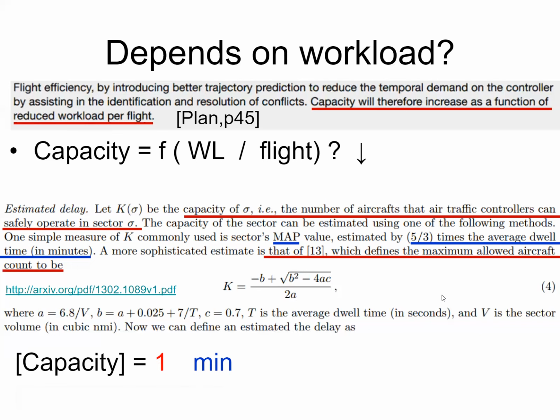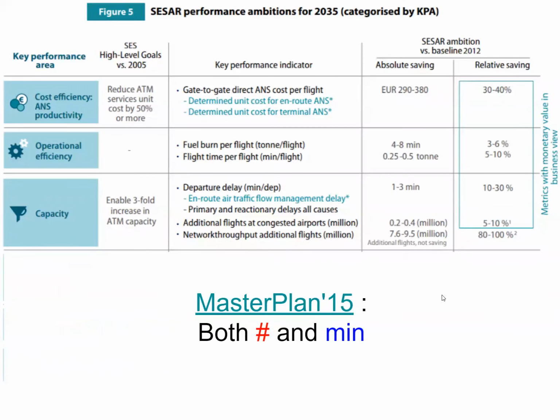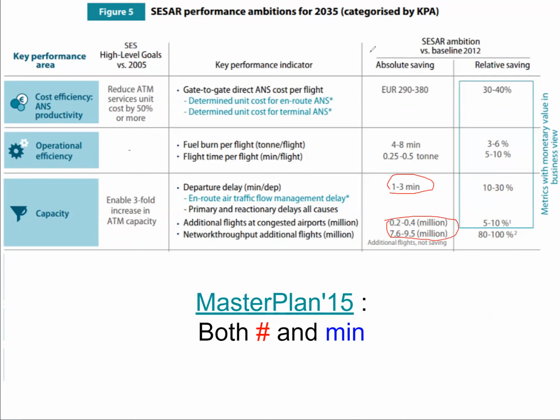Is it defined in minutes? Is it defined in some other way? And here again, I'm showing the part of the master plan and some of these key performance areas where they express the capacity both in terms of minutes, of the delay per departure, or per flight if you want, and also in terms of the number of aircraft.